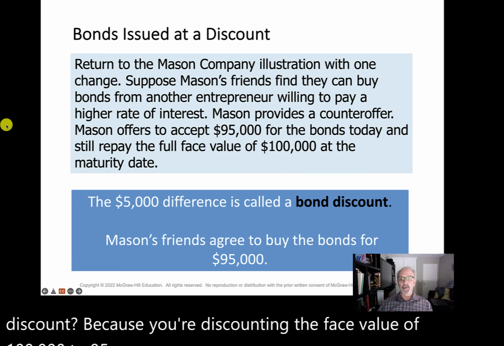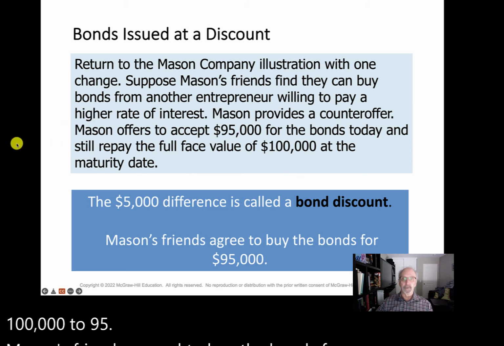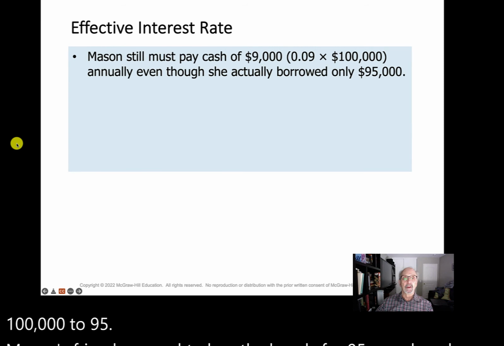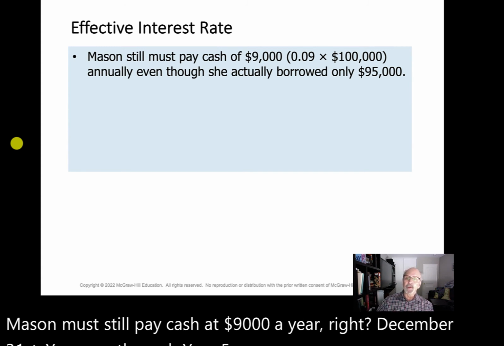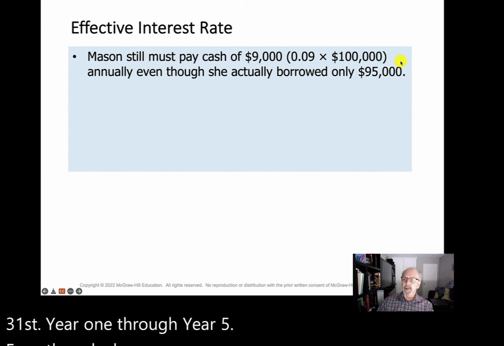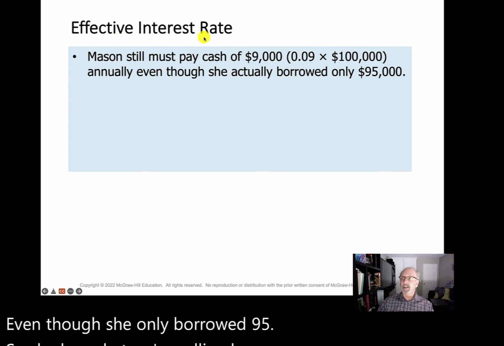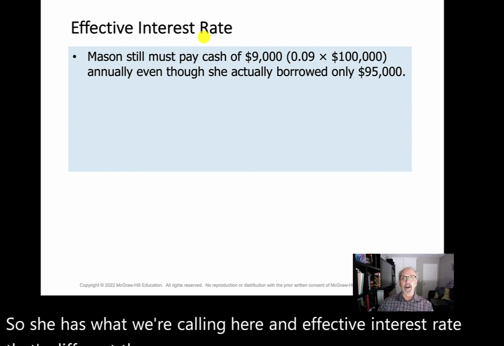Mason's friends agree to buy the bonds for $95,000. Cool. Mason must still pay cash of $9,000 a year, right? December 31st, year 1 through year 5, even though she only borrowed $95,000. So she has what we're calling here an effective interest rate that's different than the stated rate on the bond.